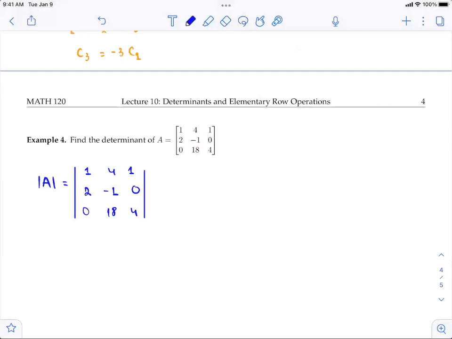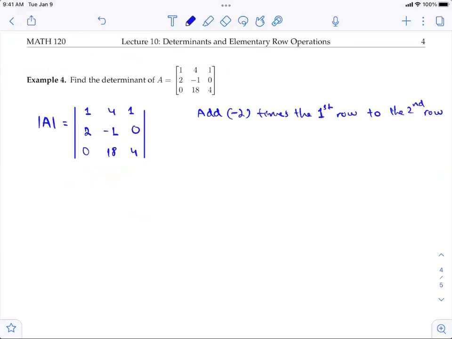What we do now is add -2 times the first row to the second row. We produce 1, 4, 1, where we just borrow row 1, and the third row remains the same.